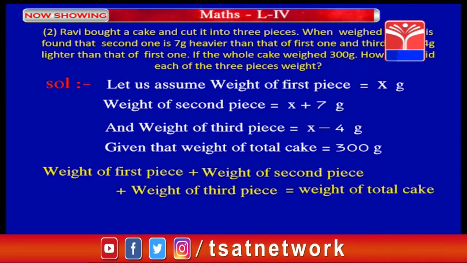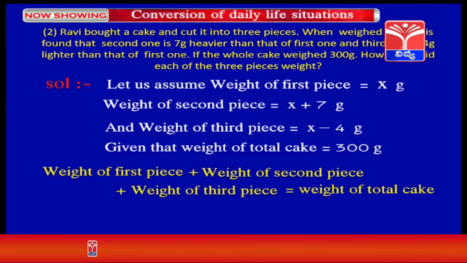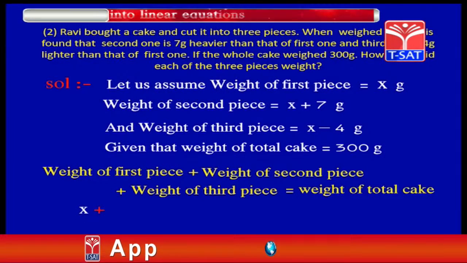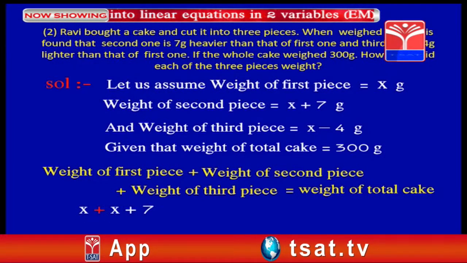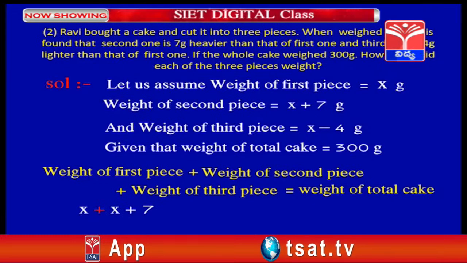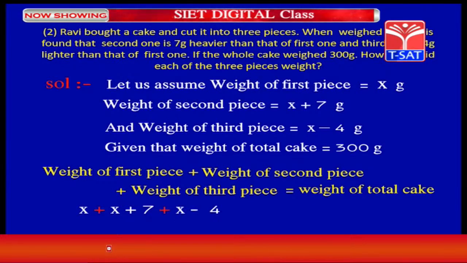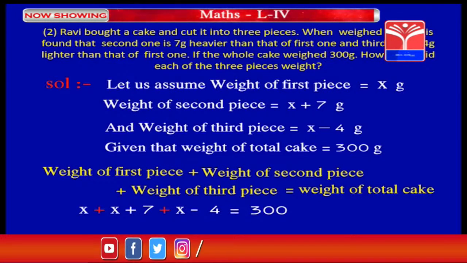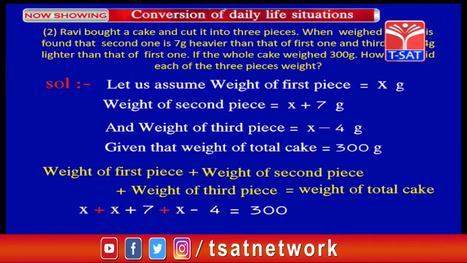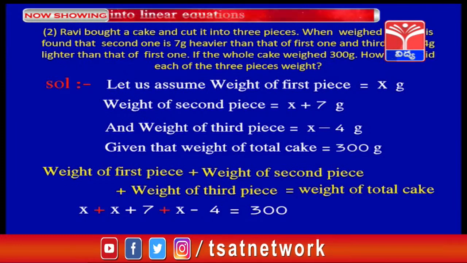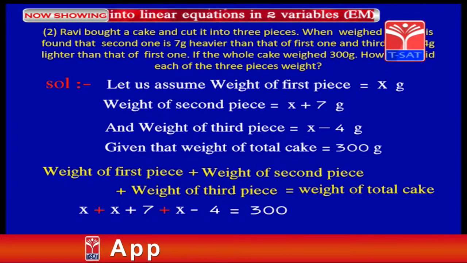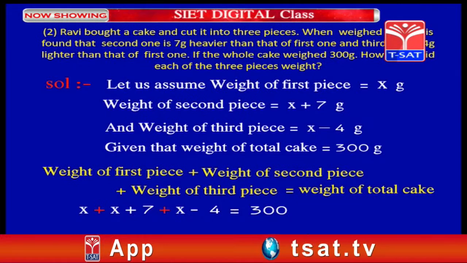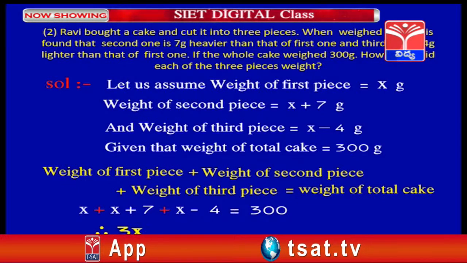Now substitute these values. Weight of first piece x plus weight of second piece x plus 7 plus weight of third piece x minus 4 is equal to weight of total cake 300. If we solve this, x plus x plus x becomes 3x, and 7 minus 4 is plus 3.